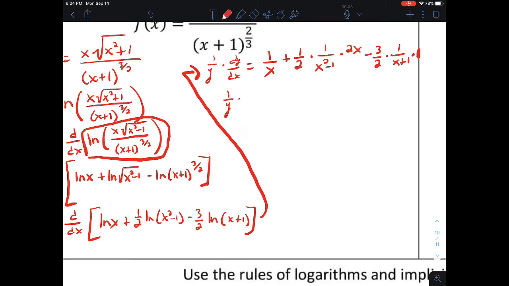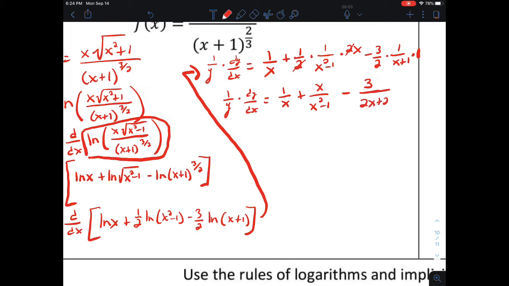And we have 1 over y times dy over dx is equal to 1 over x plus, now those 2's will cancel, so I'd have plus x over x squared minus 1 minus 3 over 2x plus 2.